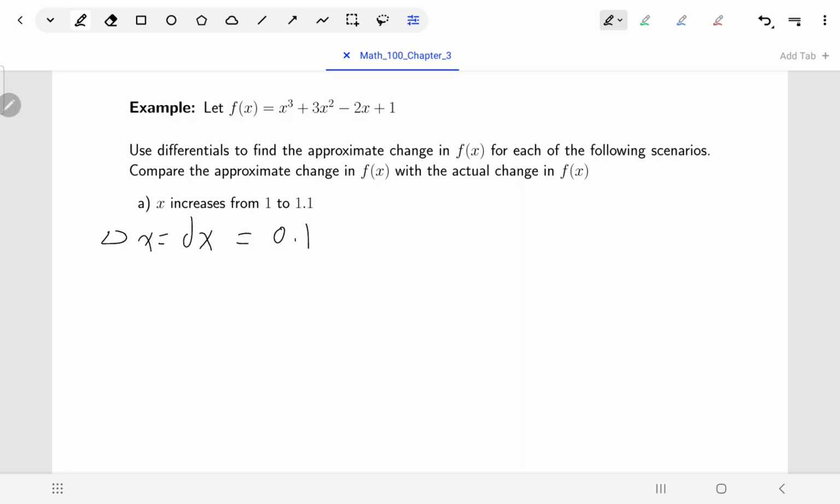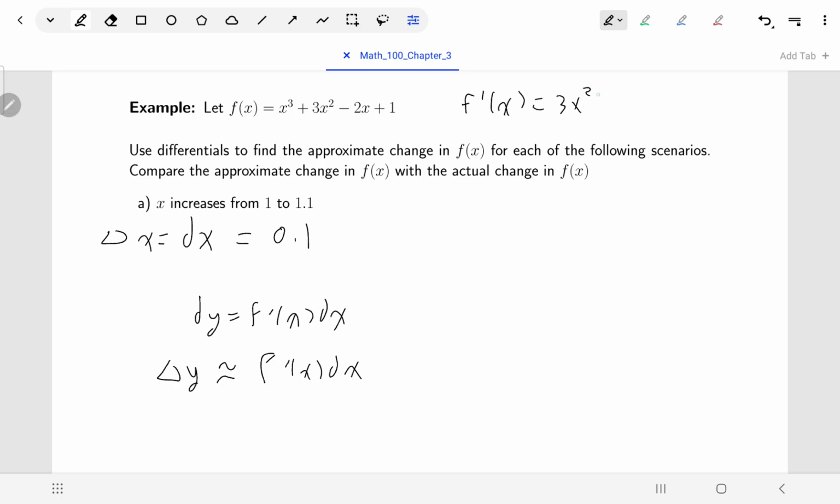Now, what is f prime? Because remember, my formula said that dy is f prime of x times dx, and we're using this to approximate the change in y, so delta y is approximately f prime of x times dx. So I need to figure out what f prime of x is, and I'll do that up top.